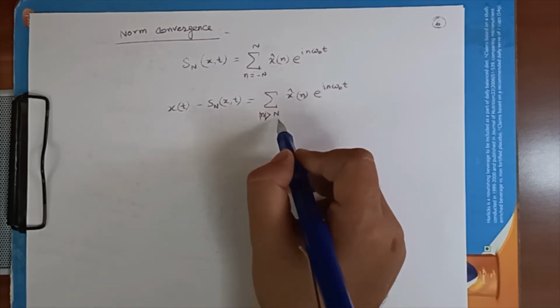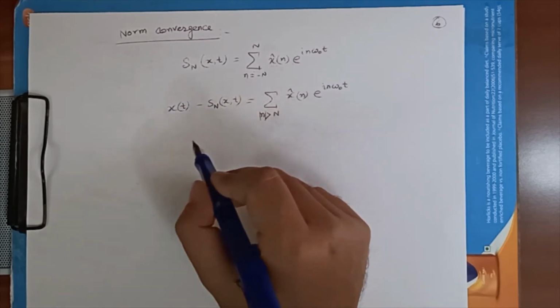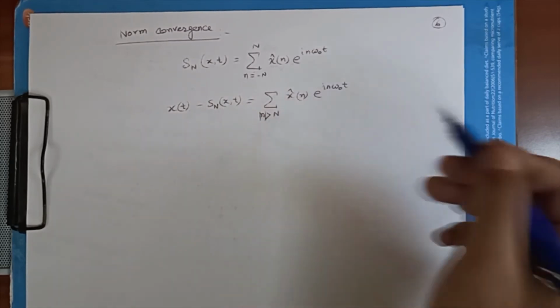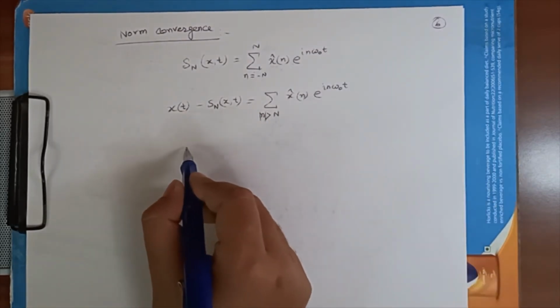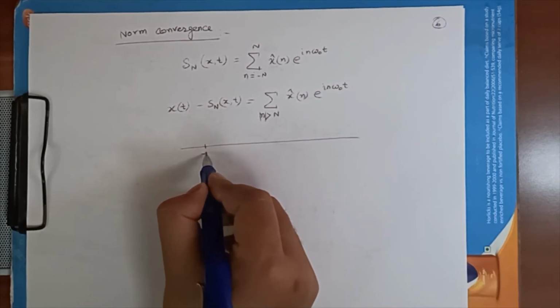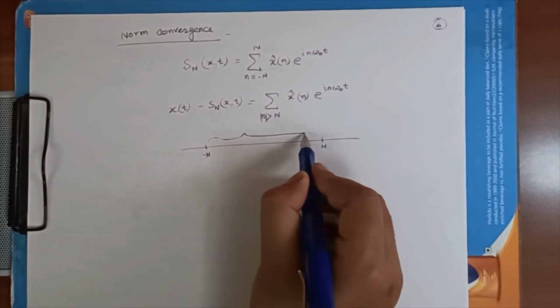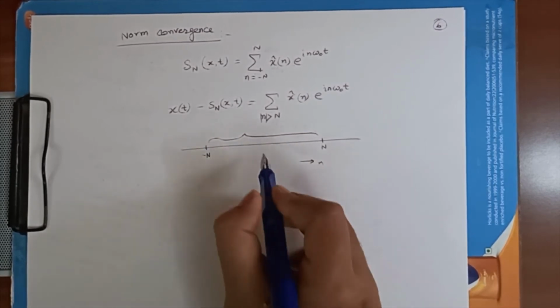So this is for small n modulus greater than capital N. That means from minus infinity to minus N minus 1 and then N plus 1 to infinity. Those elements we are considering. So this is your partial sum domain where you are taking the partial sum for n. This is 0.